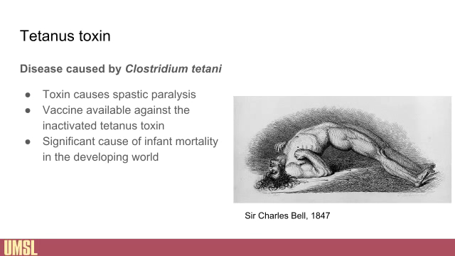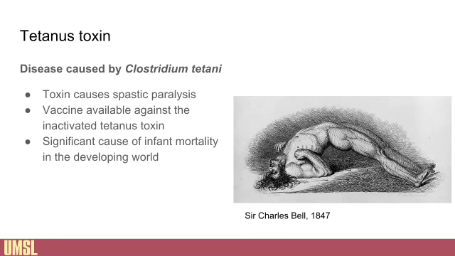Fortunately, we have very effective vaccines against this particular toxin. So while we might end up with very localized, controlled Clostridium tetani infections from puncture wounds in our daily lives, if we've been immunized against tetanus toxin, we're essentially able to inactivate this toxin as soon as it's produced by a local infection.